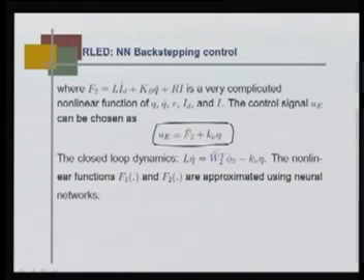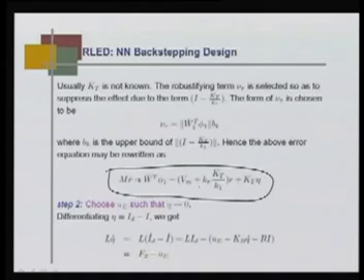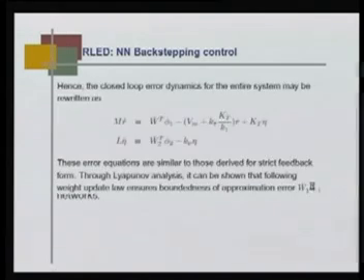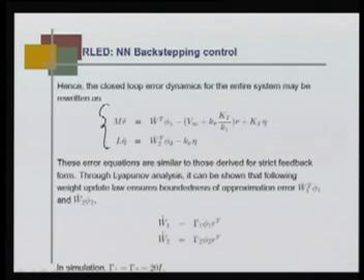So, you see that if this is 0, that means my neural network approximation is exact, then this is a stable dynamics. So, eta is bounded. So, if eta is bounded, my previous term, this is also stable.